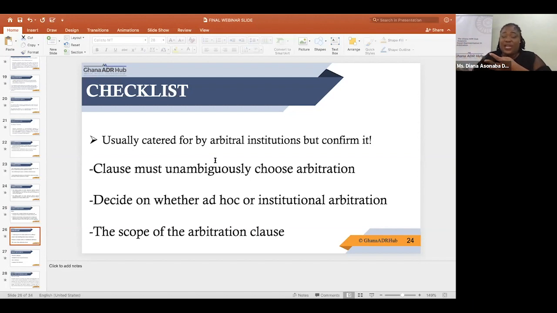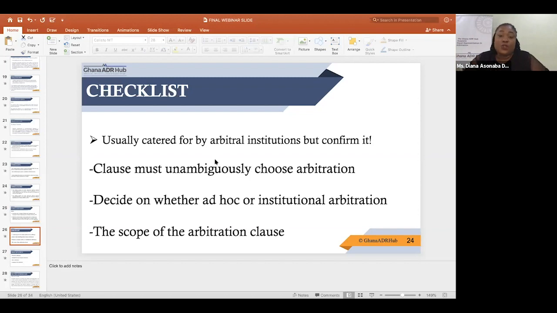Usually they end up giving that power to the arbitral tribunal or the sole arbitrator to determine issues like language, who to appoint, whether other parties can join the arbitration, whether the arbitration proceedings can be consolidated, because there's another one arising out of the same agreement. So I made this checklist specifically with focus on persons who would choose ad hoc arbitration.